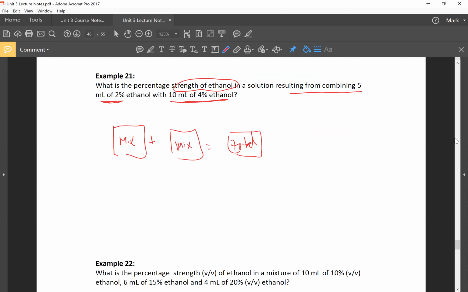We're trying to find, in this one, the concentration, but how much of it do we have? Well, there is a very easy way to find that, but I'm going to leave it for 2 minutes. This is an easy one. I'll give you 2 minutes and then we'll look at the answer.